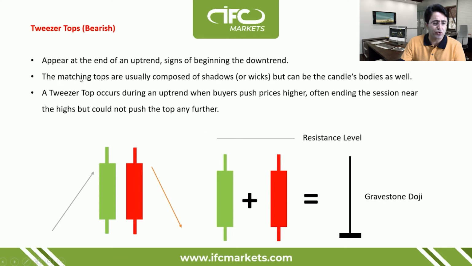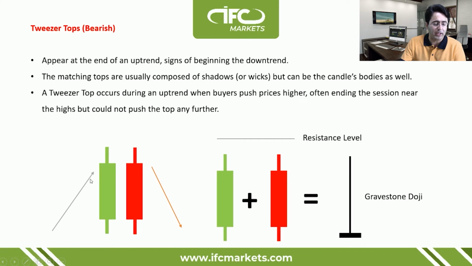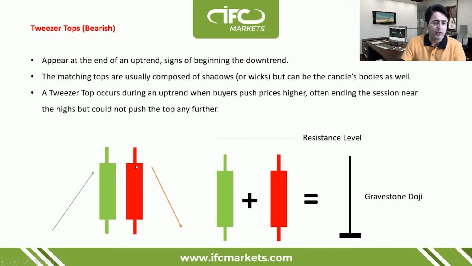So the tweezer top or tweezer bottom, they are usually candles back to back, almost the same size. If their bottom prices are at the same level, it means they are a tweezer bottom, and if their prices at the top are almost at the same level, it means it's a tweezer top.